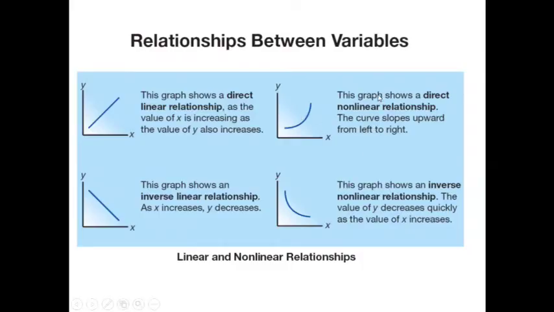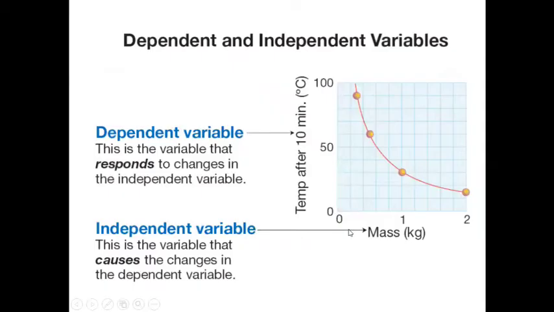And here, the graph shows a direct non-linear relationship. The curve slopes upward from left to right. So this is a non-linear relationship, inverse non-linear relationship. The value of y decreases quickly as the value of x increases. Okay?